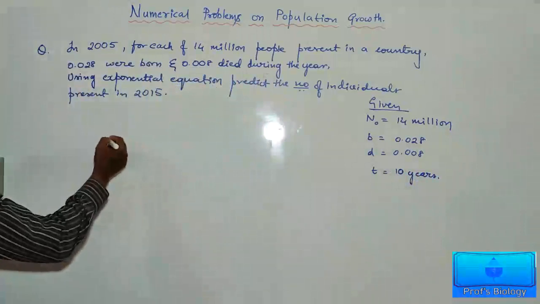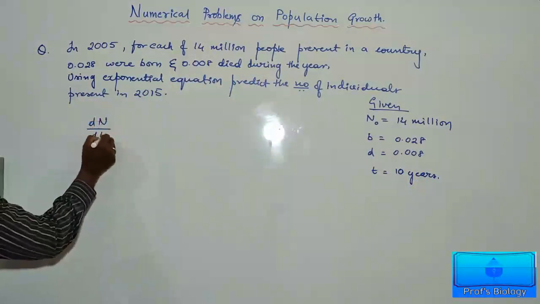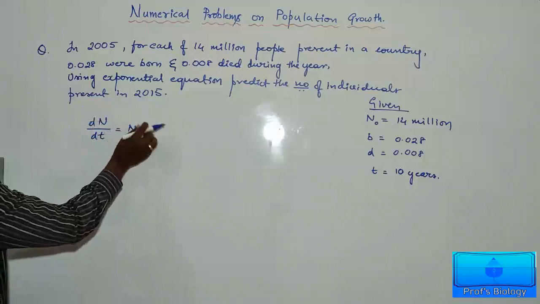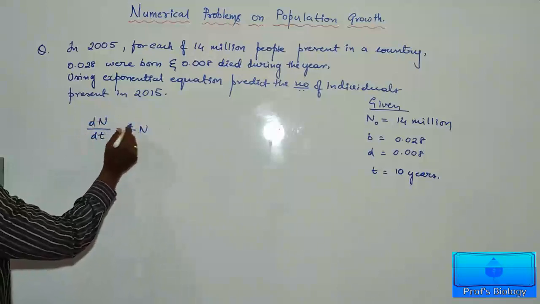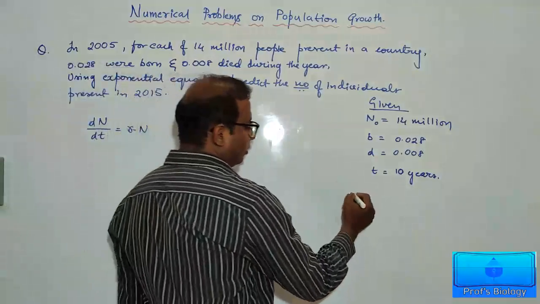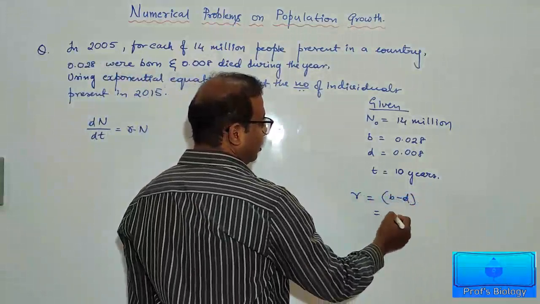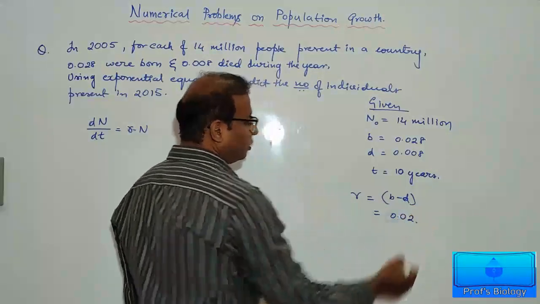Now the formula that I would use here is dN by dt equals RN. Now R we can find out, which is B minus D, and it is 0.02.